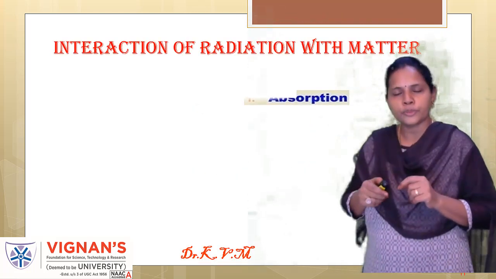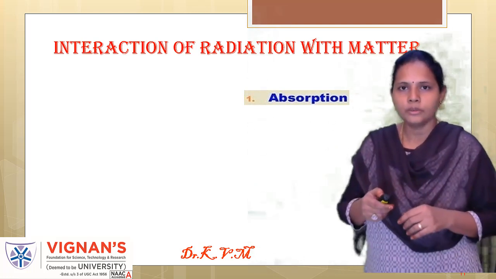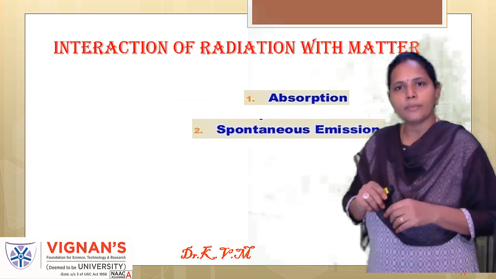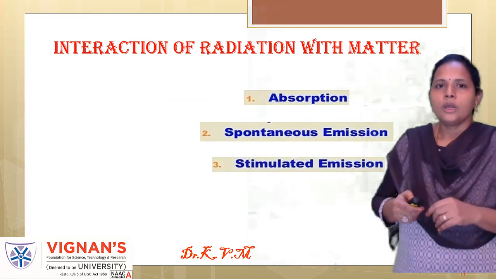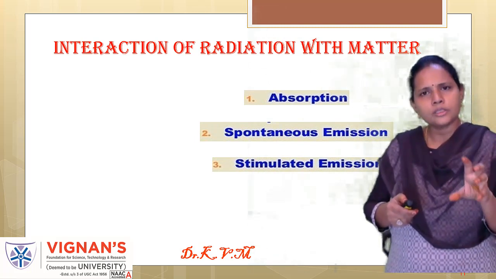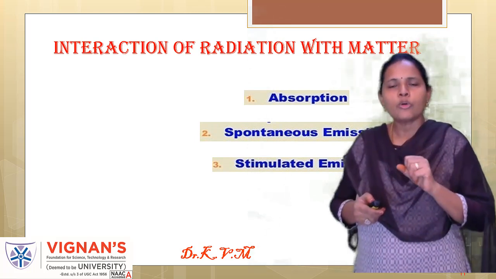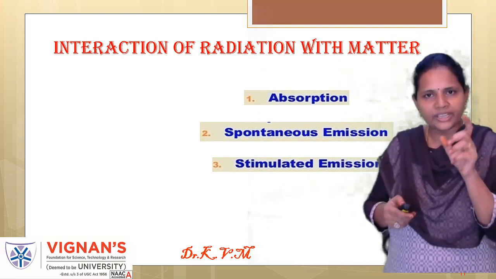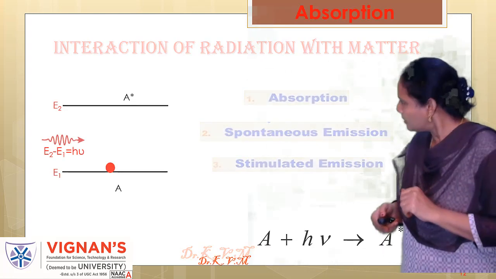First one is absorption, which you can also call induced absorption, then spontaneous emission, followed by stimulated emission. Now this is very important to understand the laser process because we are going to use this stimulated emission for the amplification of light in the laser.